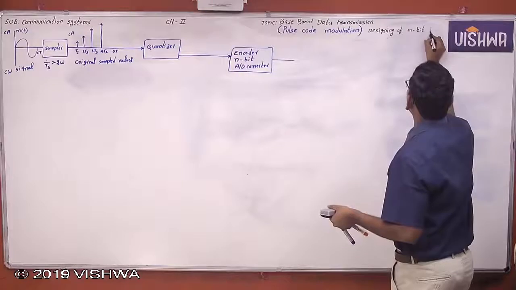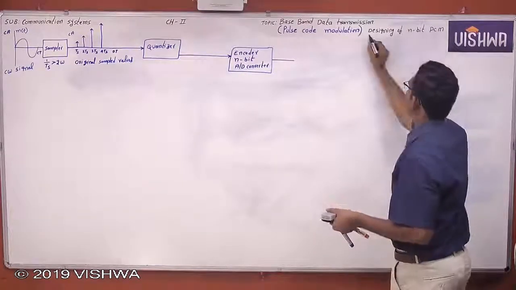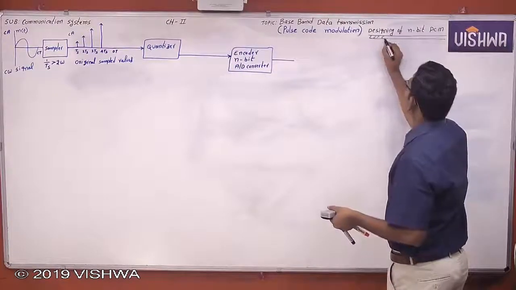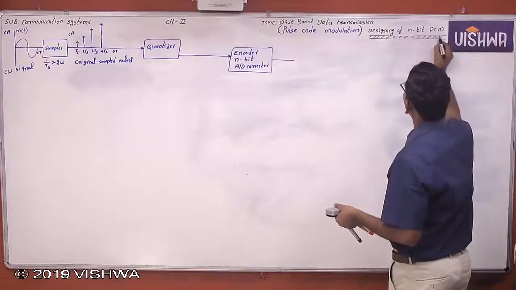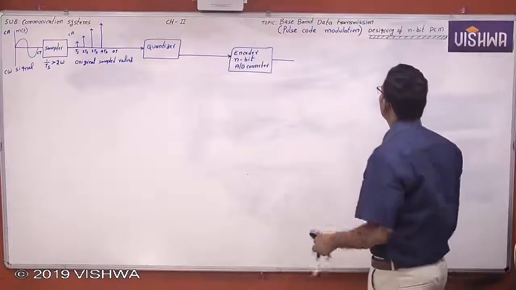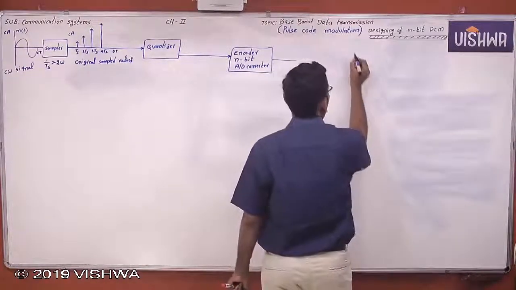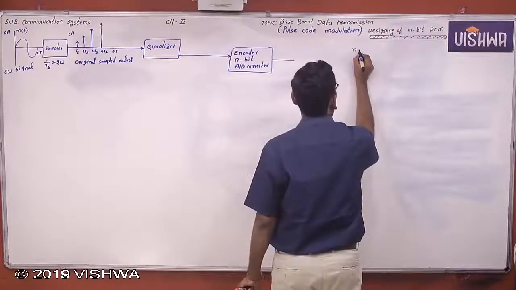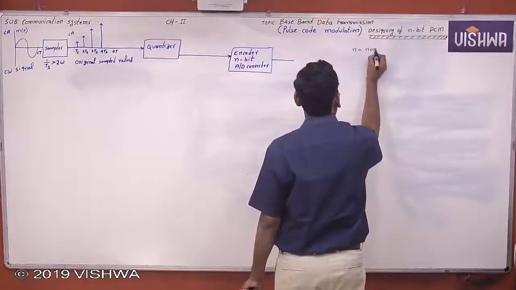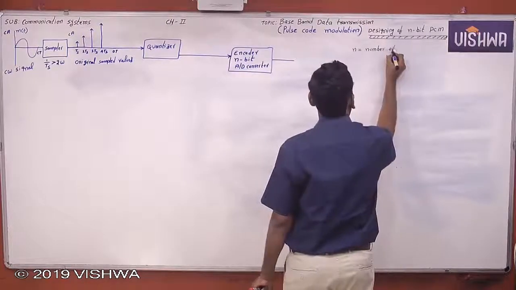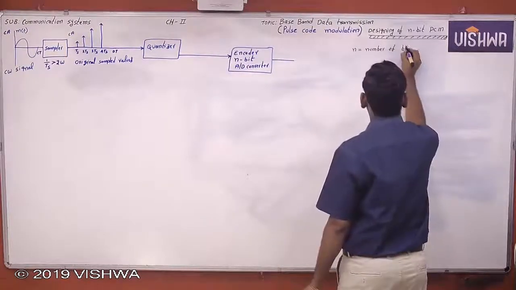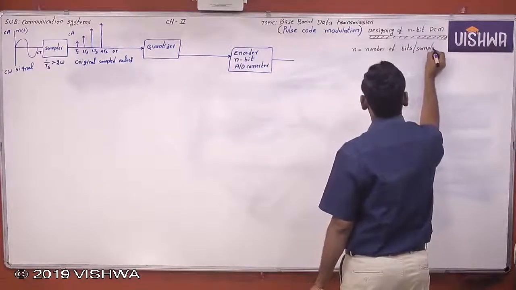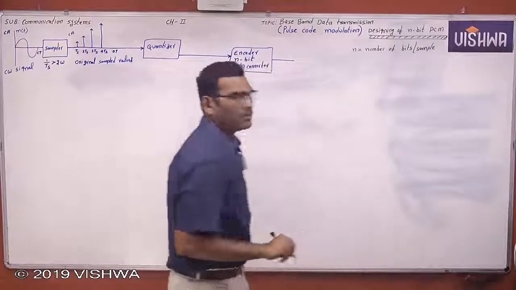Okay, designing of n-bit PCM system. Now I'll write the steps here. Now what is n? n is nothing but, n equal to the number of bits per sample. I already explained 2-bit PCM. Number of bits per sample, n is.